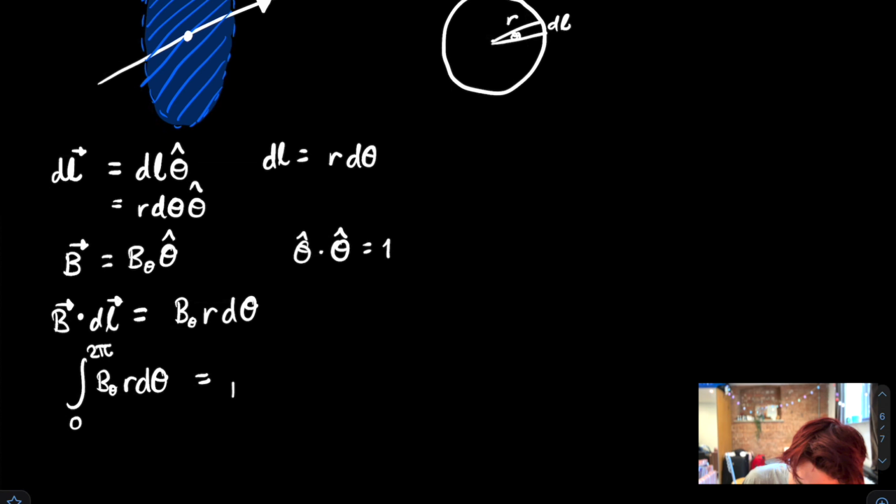And this is equal to mu 0 times I enclosed. Now, in this example, the only enclosed current is just the current of the wire. There's no additional current, but it's important to note that this will not always necessarily be the case. In the next examples we'll get on to, we need to be a bit careful about what current we're considering. But for now, we can just write that this is equal to mu 0 I.